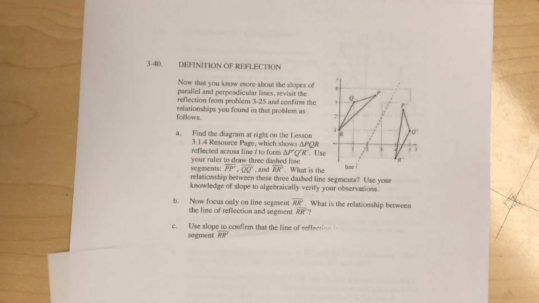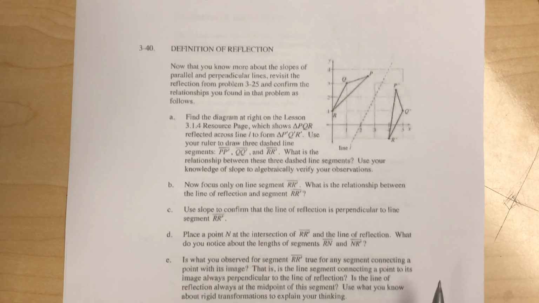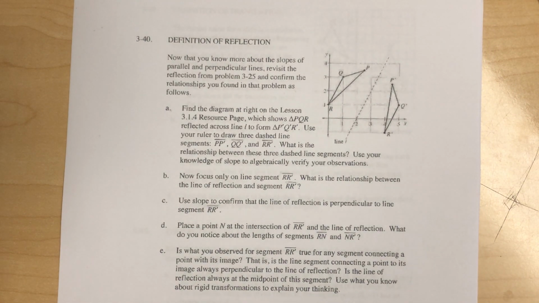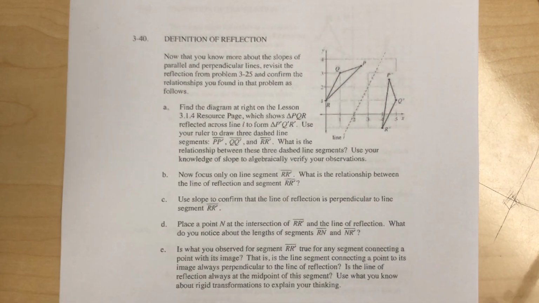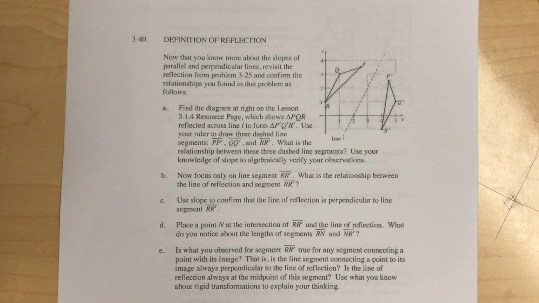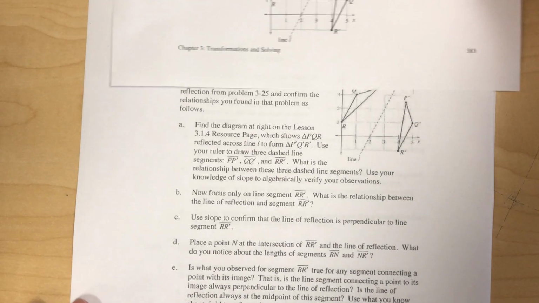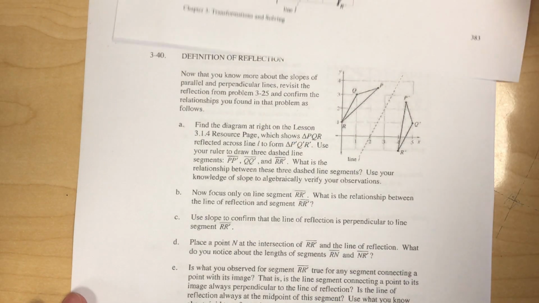All right, so let's look at the definition of a reflection. We didn't talk about perpendicular lines in this, but you are going to see this picture on your resource page that looks like this, the one that we completed earlier.